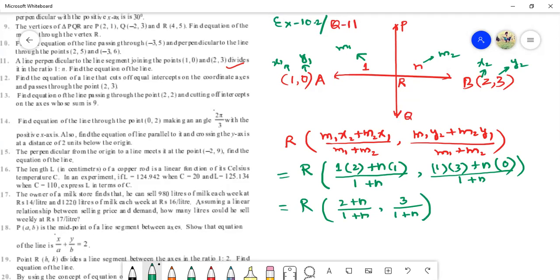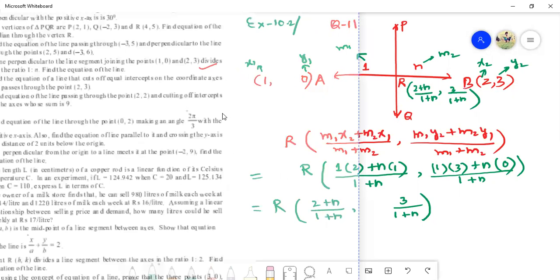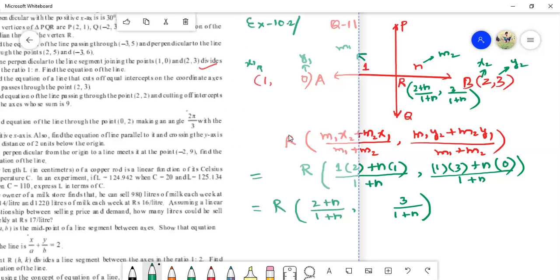Now this line is passing through this point whose coordinates we got, 2 plus n upon 1 plus n and 3 upon 1 plus n. And it is perpendicular, so the product of the gradients will be equal to minus 1.